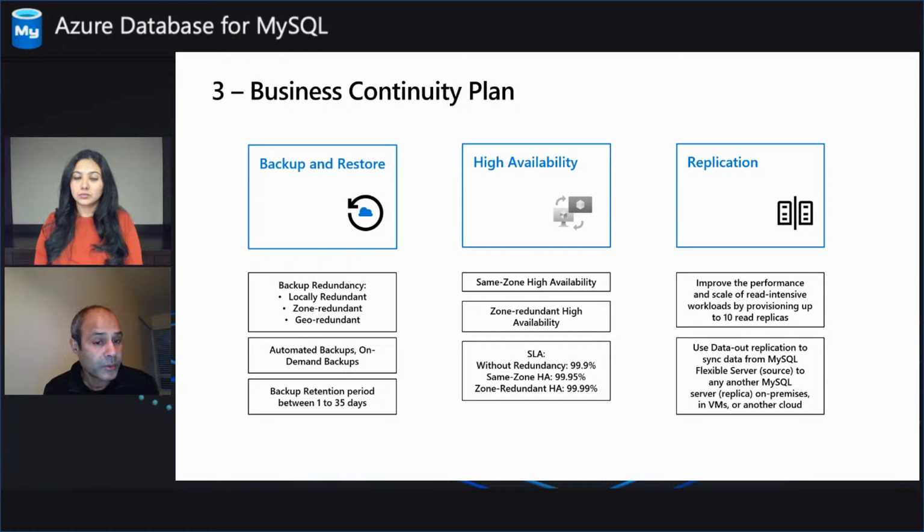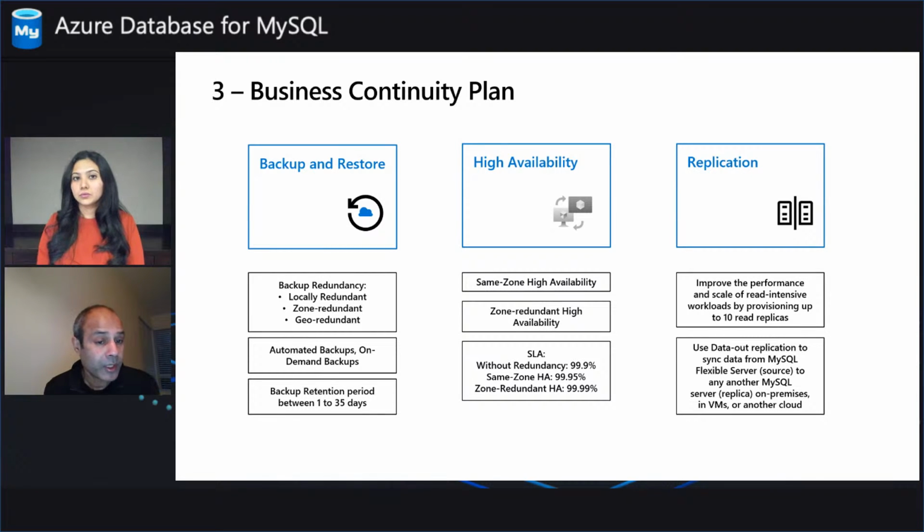If it's a non-HA configuration, we maintain 3 copies of your backups in the same zone where your instance is deployed. If it's an HA configuration, we will maintain another 3 copies in another zone where your standby instance is deployed. And finally, if you enable geo backups, we will copy those backups to the paired region, which you can use in case of disaster recovery.